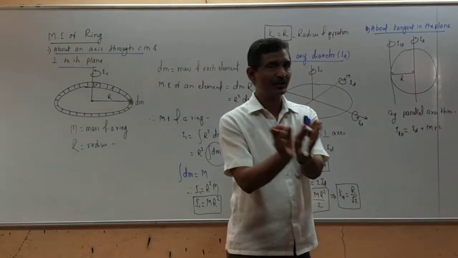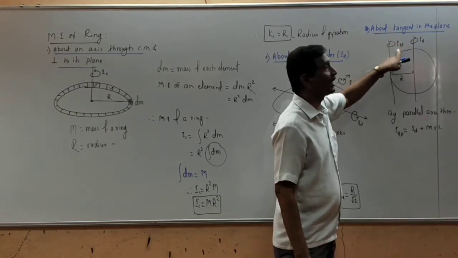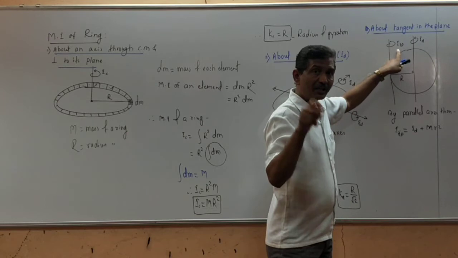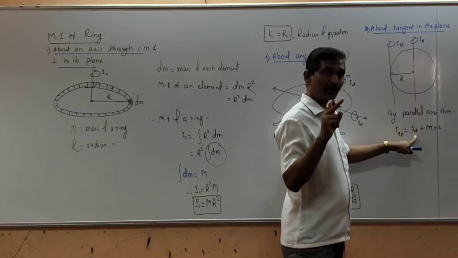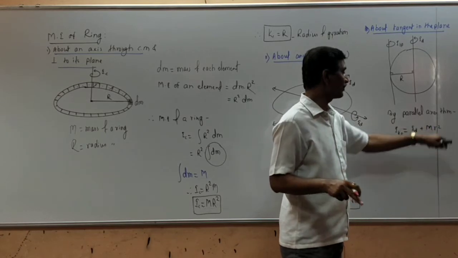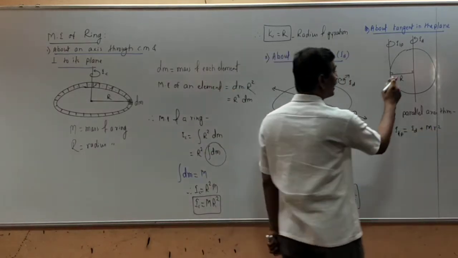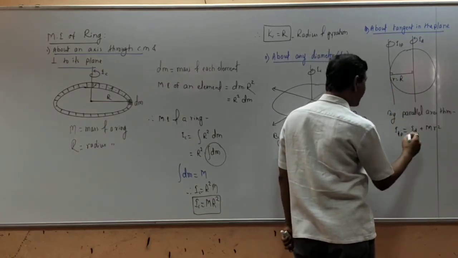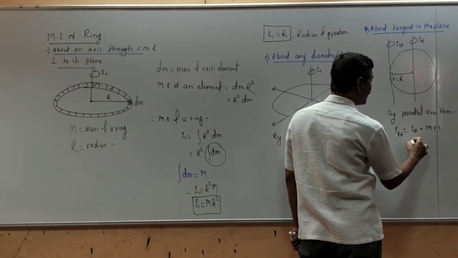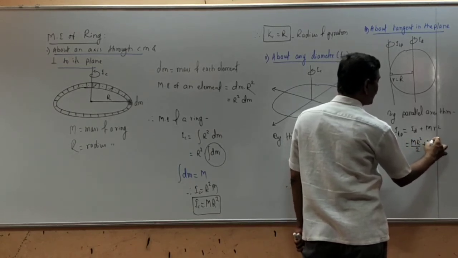As we apply that situation here, we get ITP, the moment of inertia about the tangent in the plane, equal to the moment of inertia about the diameter Id plus the product of the mass and the square of the distance between the parallel axes. So here that small r is nothing but capital R, and what is Id? It is mr square by 2. So we get mr square by 2 plus m into capital R square.